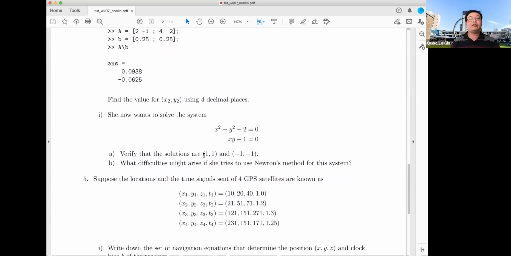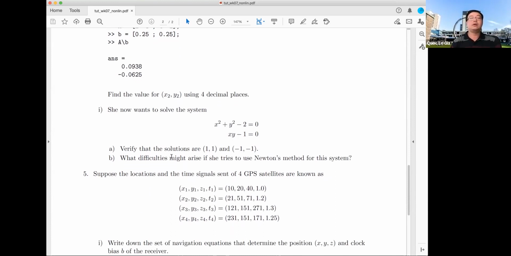You can verify that the solutions are 1, 1 and minus 1, minus 1. You just plug it in directly. So 1 plus 1 minus 2 equals 0. 1 times 1 equals 1. Now the question is, what difficulties might arise if she tries to use the Newton method?